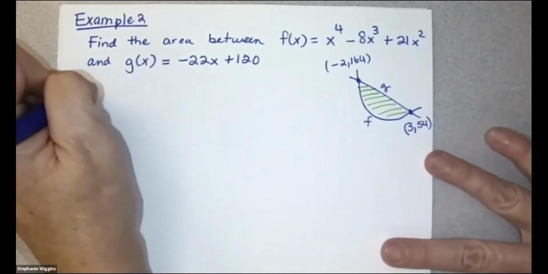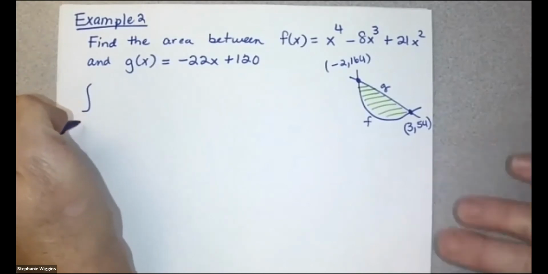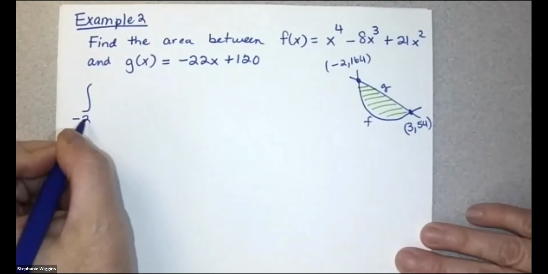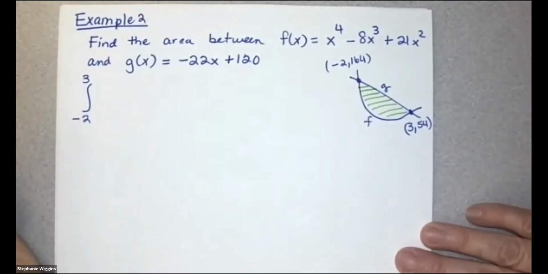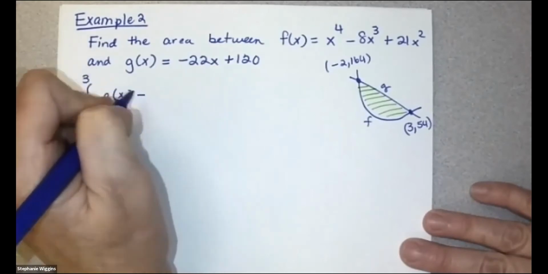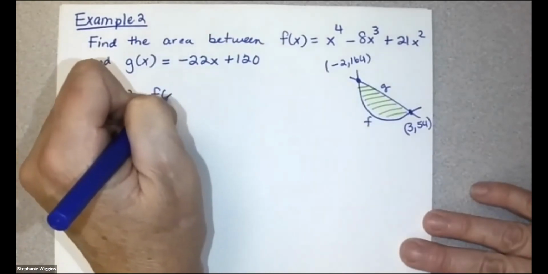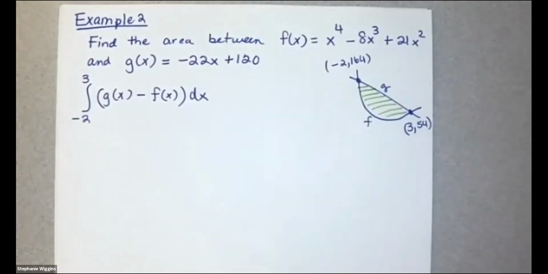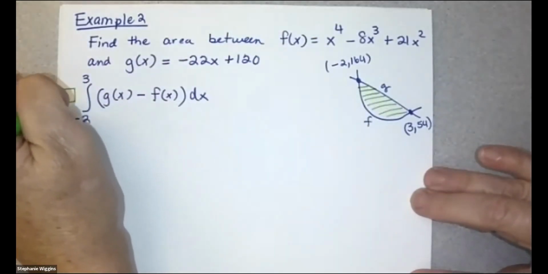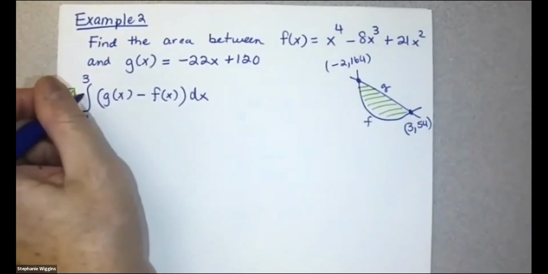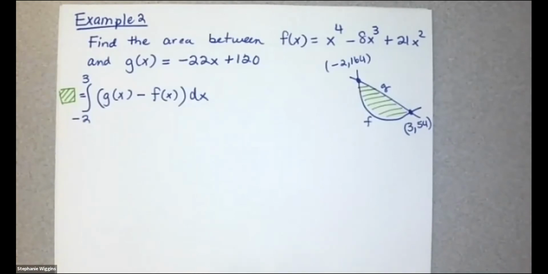We're going to take the integral from -2 to 3. And just remember, these indices are always x values, okay? And we're going to take g of x minus f of x, and we're integrating with respect to x. That's the area that we're looking for.